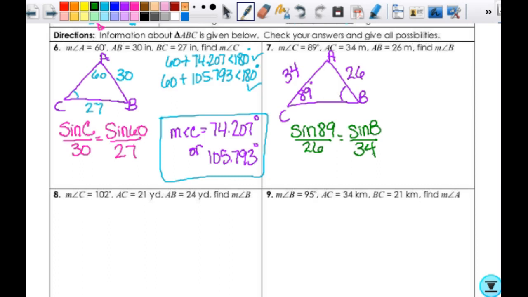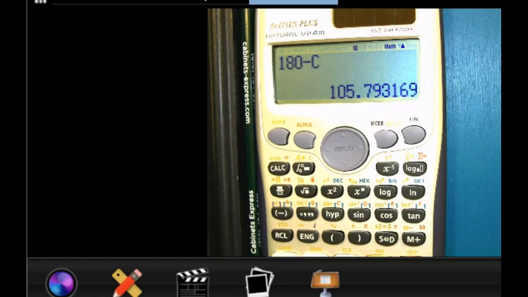Everybody with me so far? So in my calculator, I'm going to do 34 times the sine of 89, and then divide that by 26. You get 1.307, blah, blah, blah.